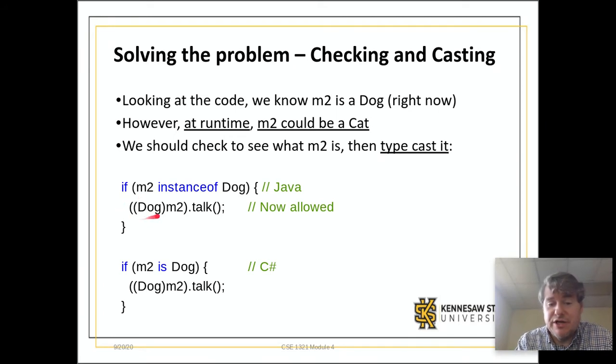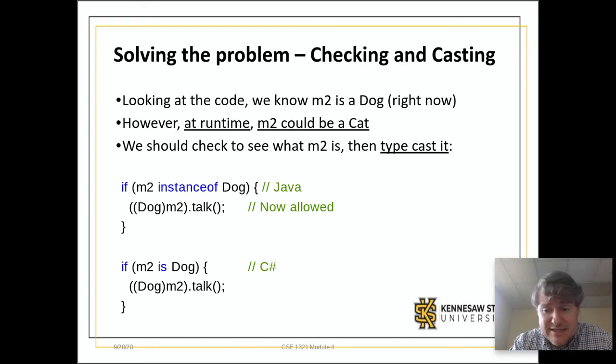The thing I need you to understand right now is that you are casting an object which is of type mammal into an object of type dog for this one statement only. It does not change the dog, it does not change m2, it does not change mammal. It only, for this one very specific statement, converts the type from mammal to dog, because that's what I asked it to do. Once this is a dog, it clearly has a talk method, and now it is happily going to let you run that.